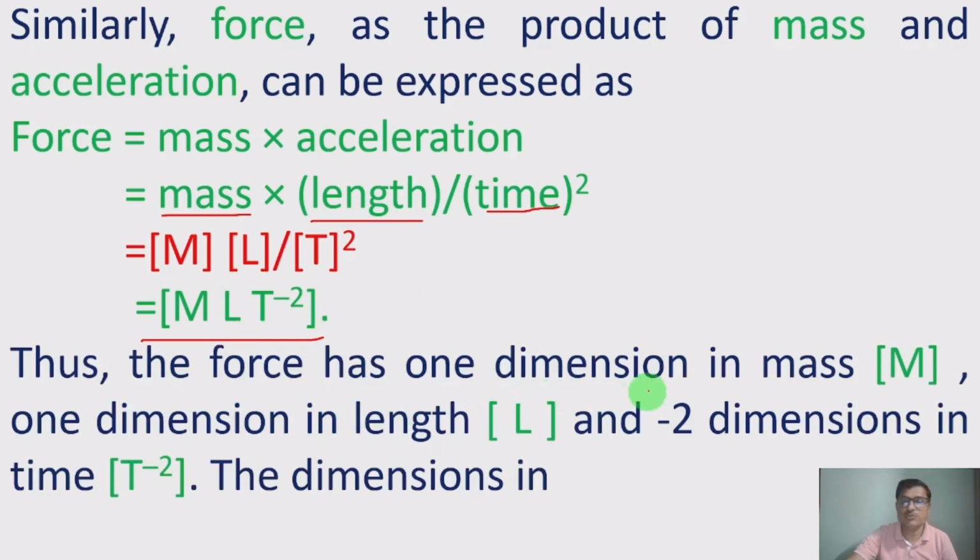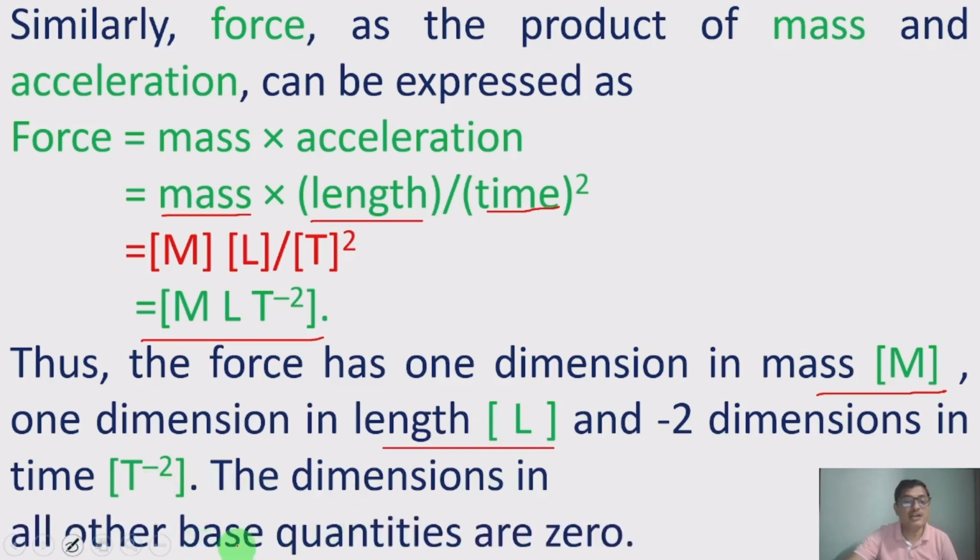Thus, the force has one dimension in mass, one dimension in length, and minus two dimensions in time, that is T raised to minus 2. The dimensions in other base quantities are 0. We have not considered the other four base quantities; their dimensions are 0.